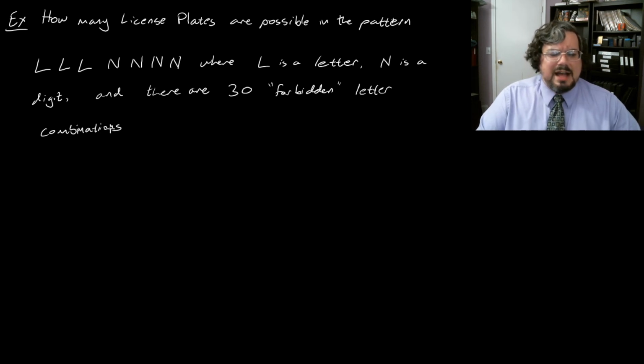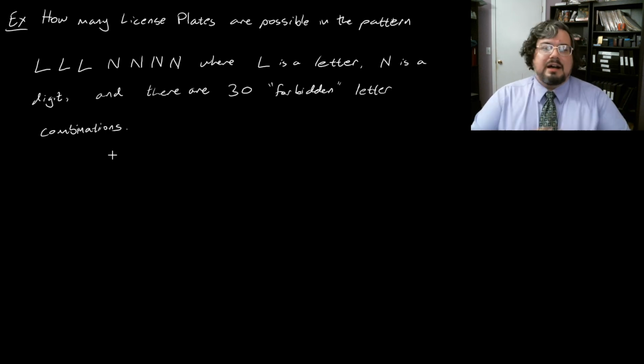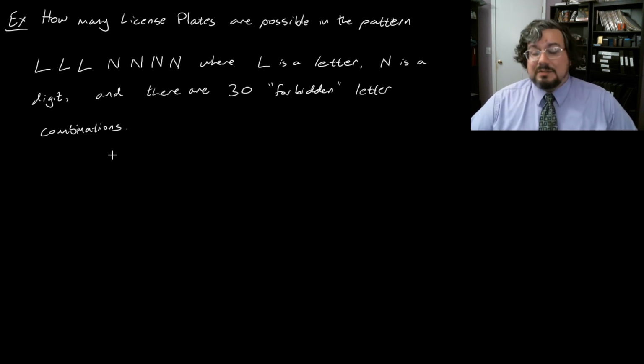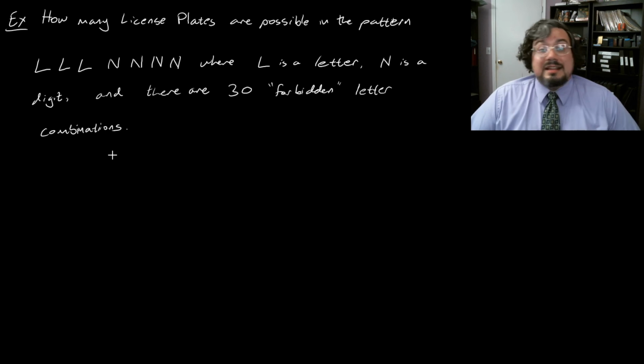So one thing that people who decide these things about license plates have to take into account is that if you just allow random letters to go in there however you want, occasionally you get a sequence of letters that is accidentally rude, accidentally offensive, if you just allowed all the possibilities.